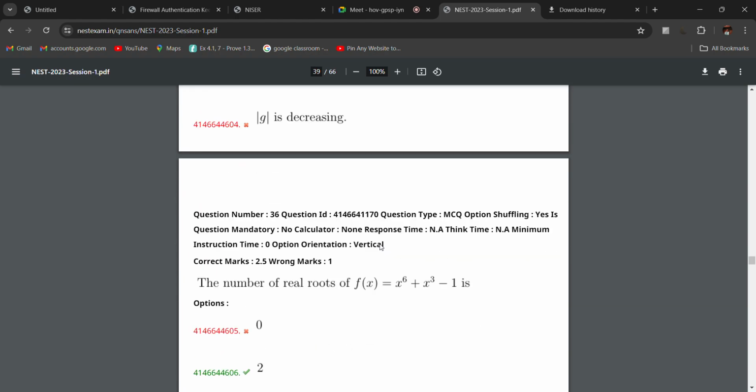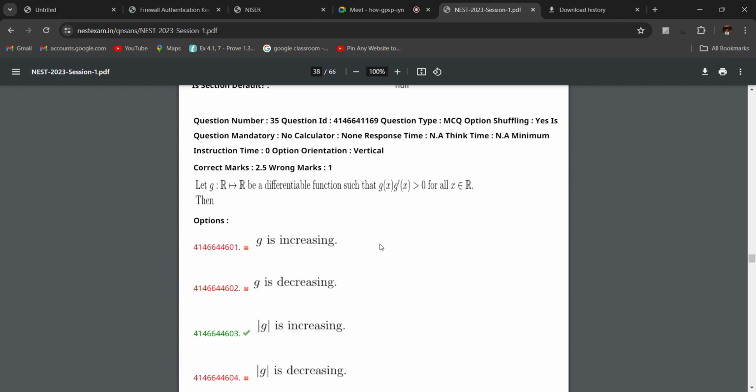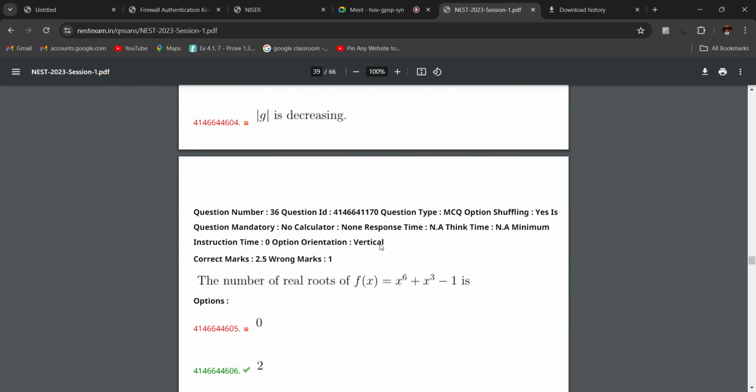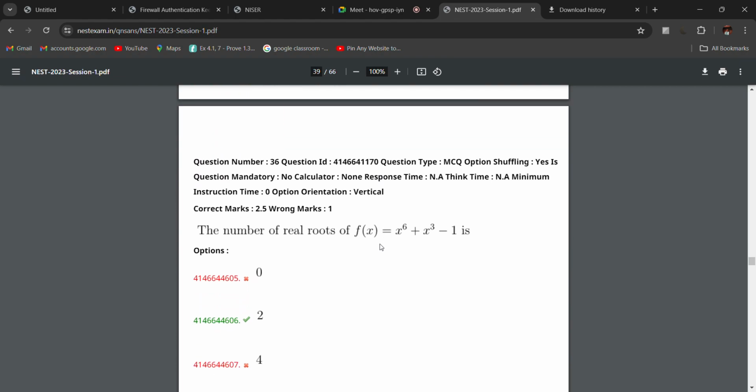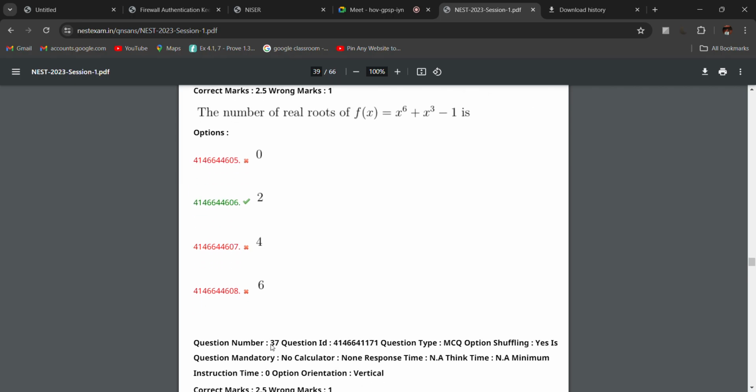And this is mathematics. I don't know much about mathematics, because I did not have mathematics in class 12th. You can see the question, I think it's easy. The number of real roots of these things.